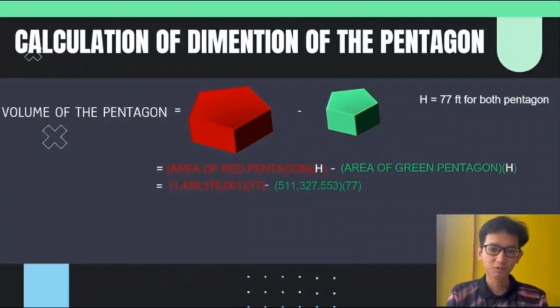We subtract that with the area of the small pentagon, which is 511,000 times 77. Then the volume of the red pentagon is 112,000, divided by the volume of the green pentagon, which is 39,000.